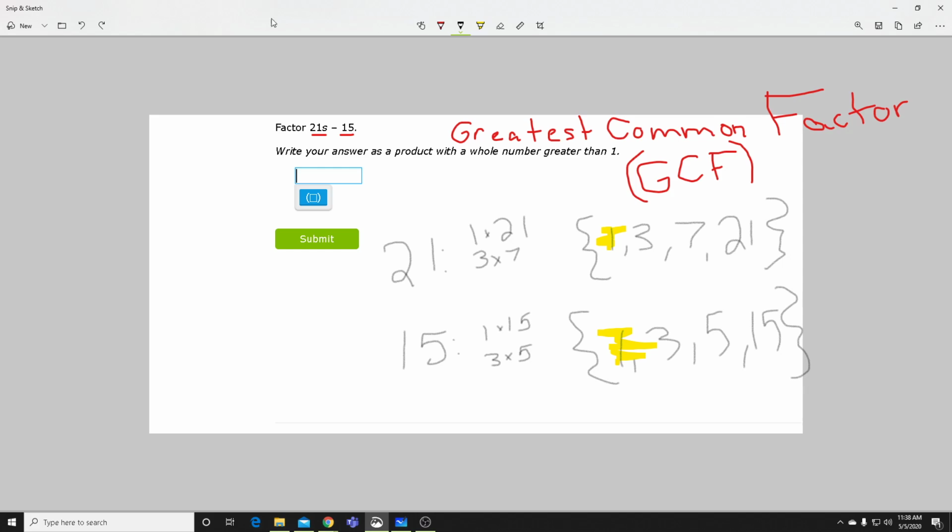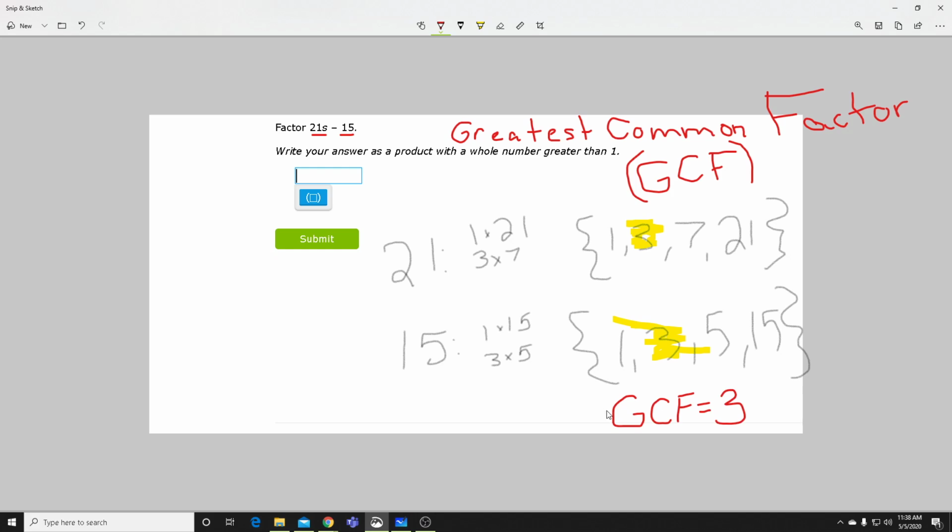We want the greatest common factor, so we don't want that 1. We see that there's a 3 in both sets. So our greatest common factor, our GCF, is 3.